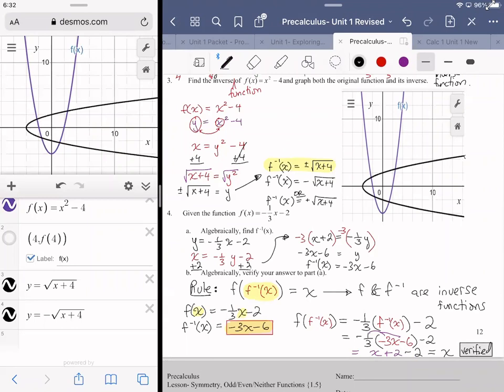Right. That's all we have to do. I mean, conceptually, it's a pretty big idea, but the act of carrying it out isn't that bad. Right. So again, it's just a composition of functions. We're taking one expression and replacing all the x's in the other function with that expression, simplifying, and all we're looking for is an x.